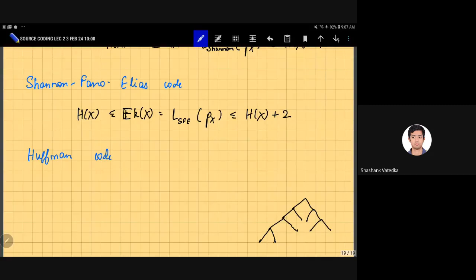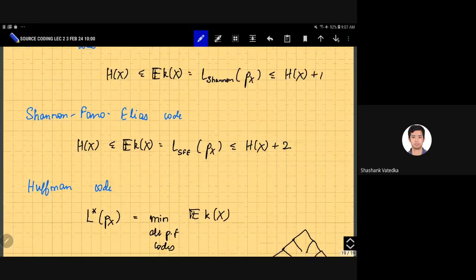So if I define L star of P_X to be the minimum over all possible prefix-free codes of the expected code word length, then the Huffman code actually achieves L star of P_X.